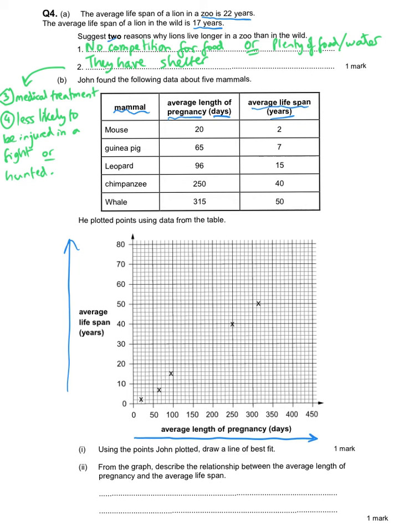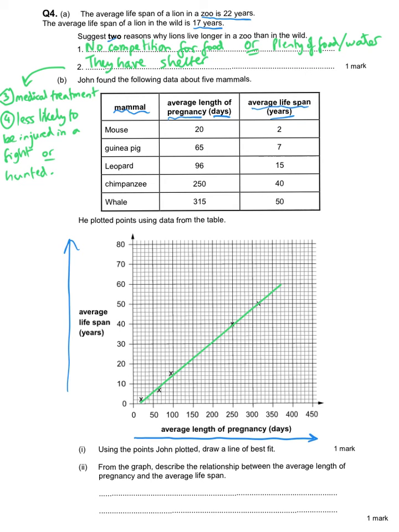Now this does look like it should be a perfect straight line, I think, on here. So what I've drawn in green there, I think is probably the best thing to do. I don't really think there is scope for it being curved, but if it's a curved line that just about matches that, then I think we're okay. The next question says, from the graph, describe the relationship between the average length of pregnancy and the average lifespan.